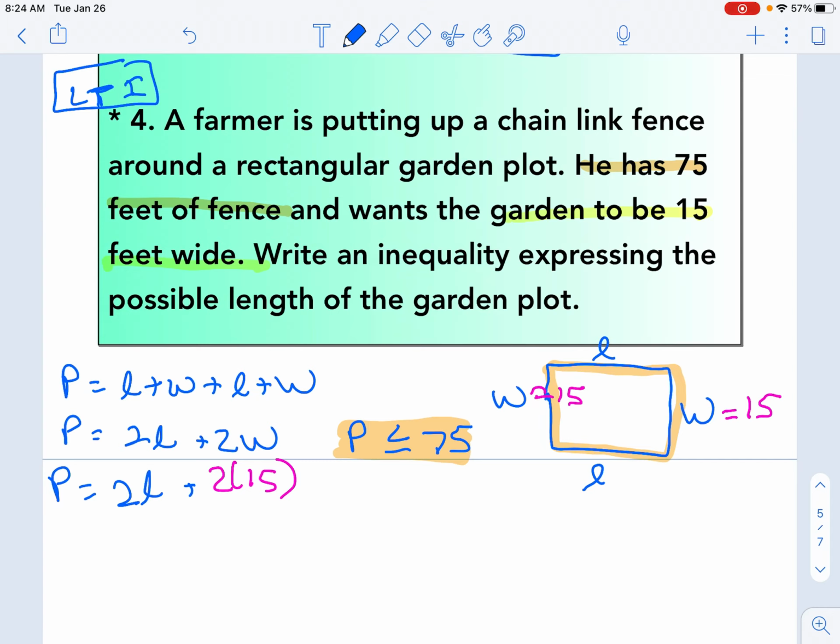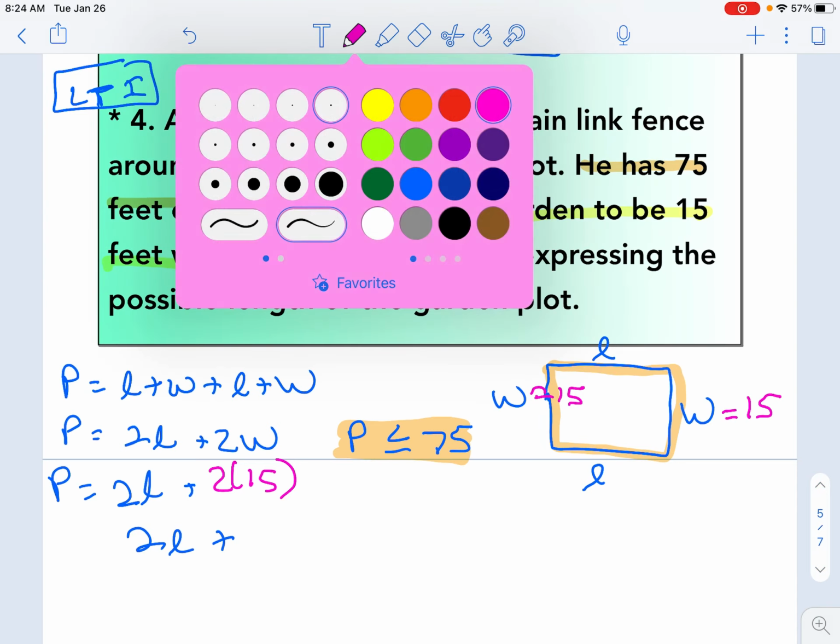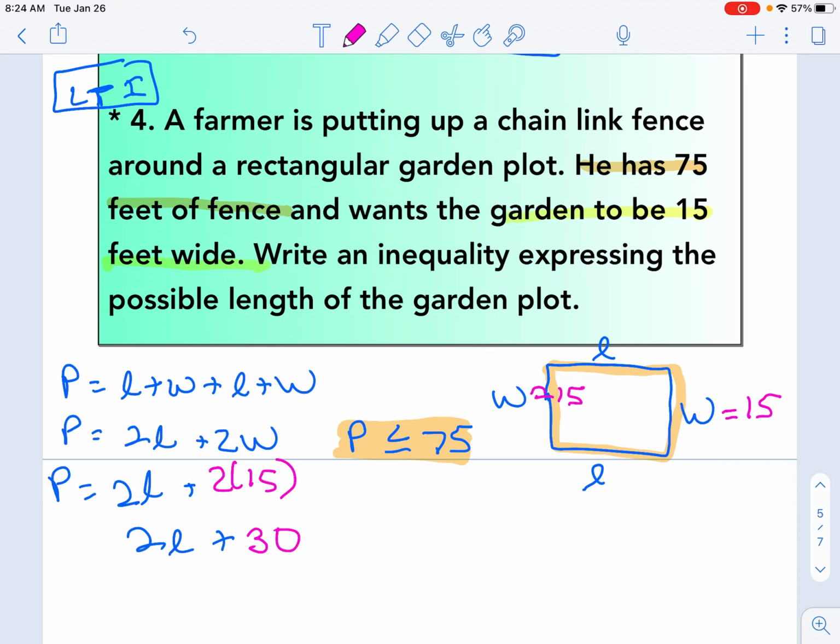So my perimeter right there has to be 2 times the length plus, and I'll put my 30 in that other color because that's the part that's already set. And we know that it could equal 75, or that 75 is the most that it could be.